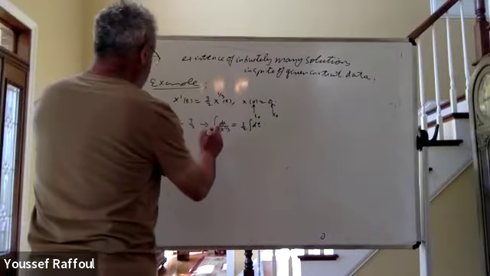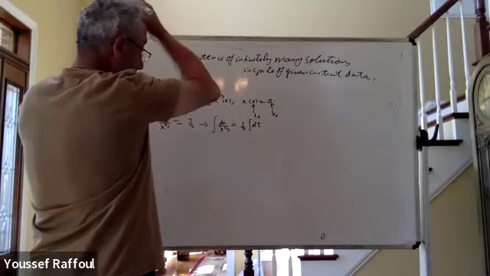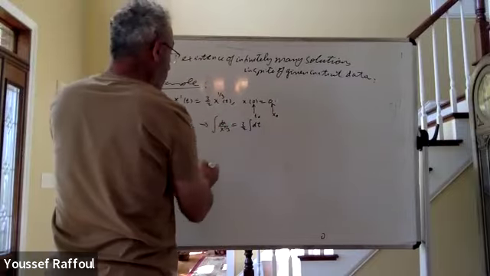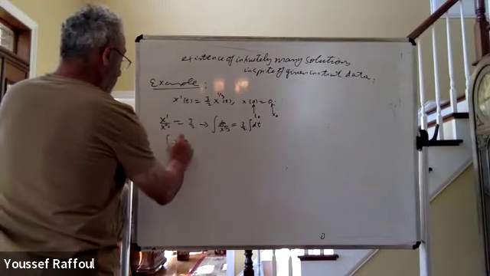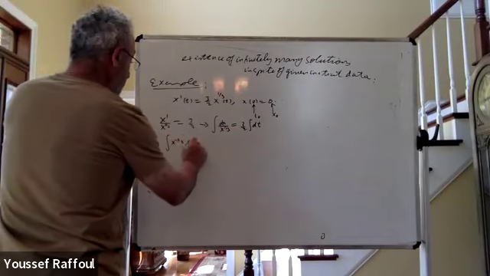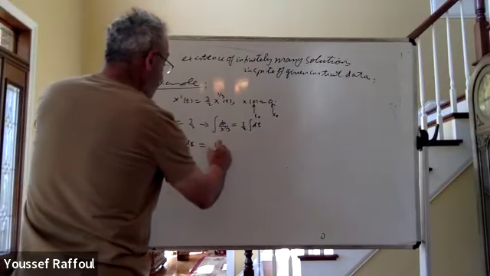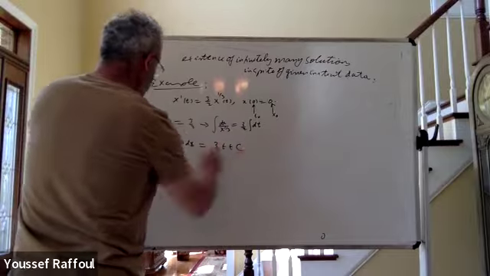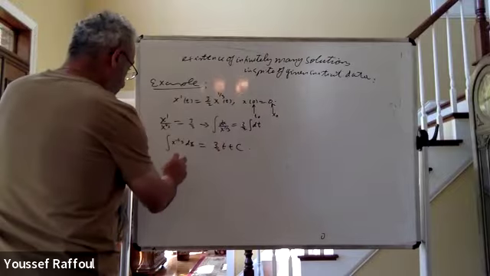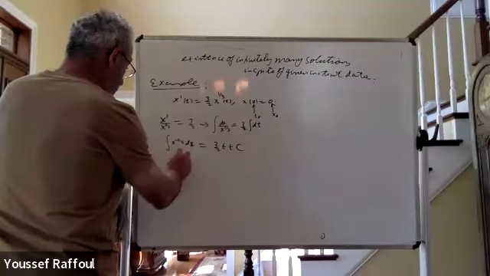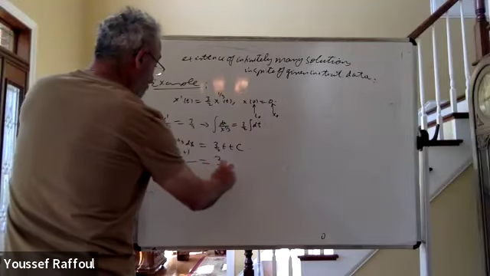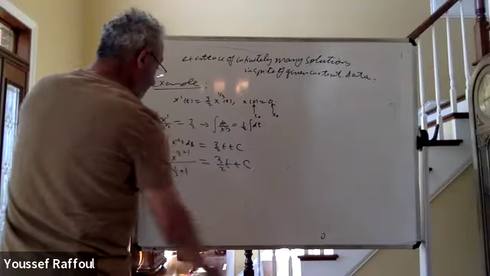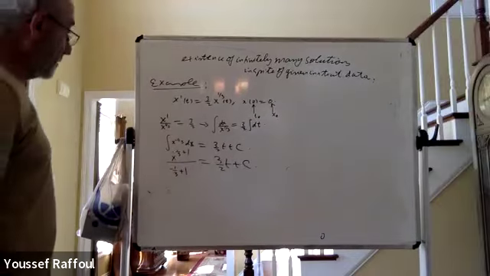So I can start from here. I can apply my initial condition later. So this is x to the minus 1/3 dx equal to 3.5 t plus c. So this is x to the minus 1/3 plus 1 over minus 1/3 plus 1 equal to 3.5 t plus c. All right.